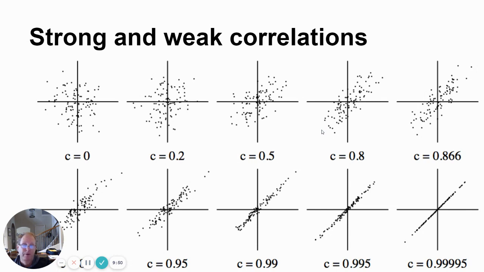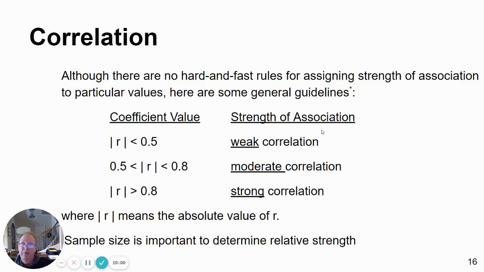So as the correlation coefficient increases, the strength of the pattern increases. Although there are no hard and fast rules for assigning strength of an association to particular values, here are some general guidelines.